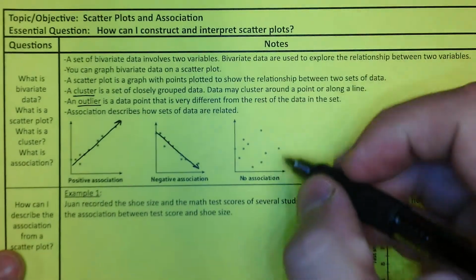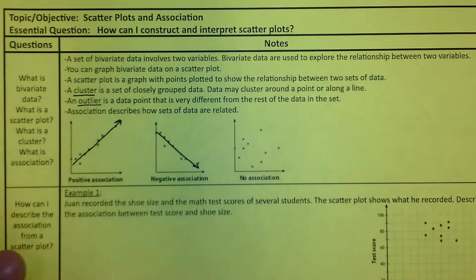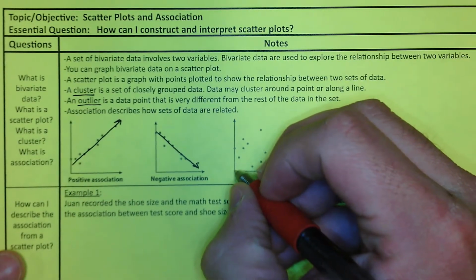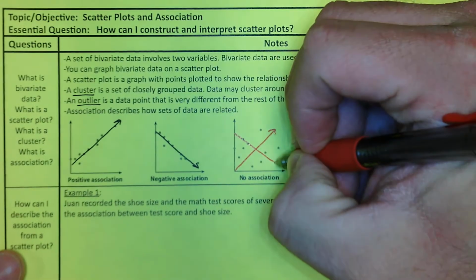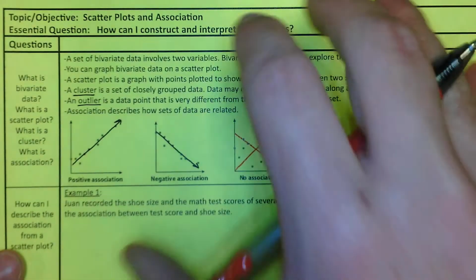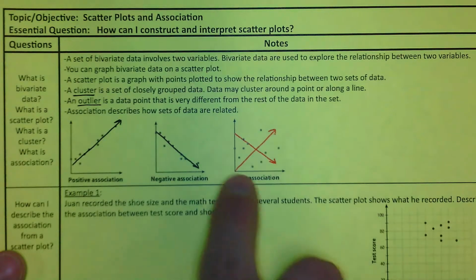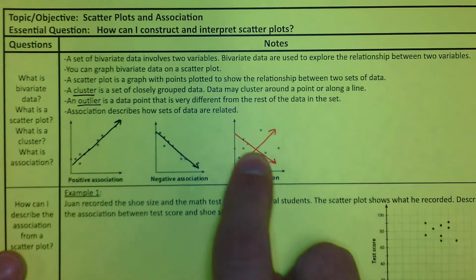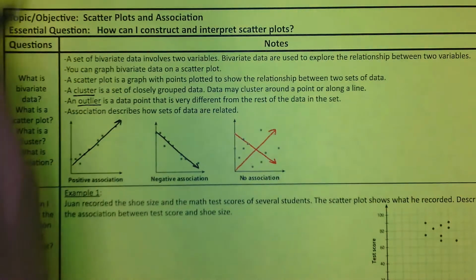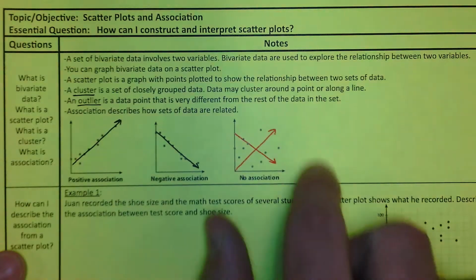But with no association, we can neither graph a positive nor a negative line because there's no real definition or defined place for us to put it. Because the points are so random and scattered, we can't say that there's a positive trend, and we also can't say that there's a negative trend. We can also just use common sense to find when there's no association.